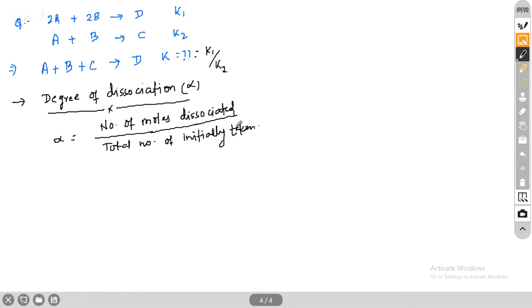Okay, this I think you should know. You know all these things, right? There are a few formulas for this degree of dissociation. One formula is for when the vapor density is given. Then alpha can be calculated by capital D minus small d divided by (n minus 1) into small d.